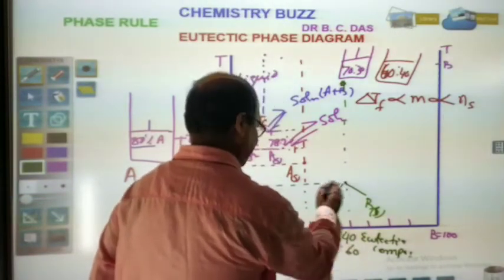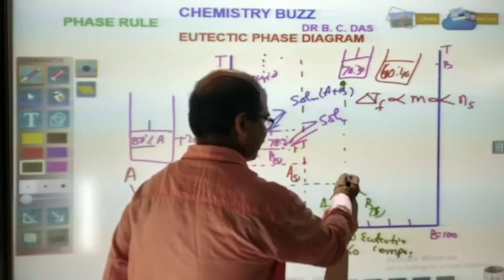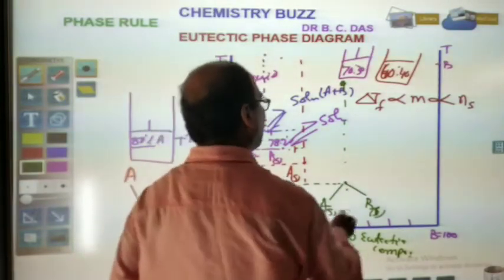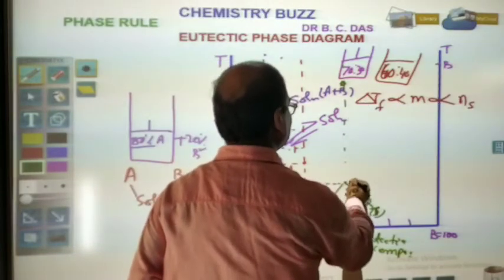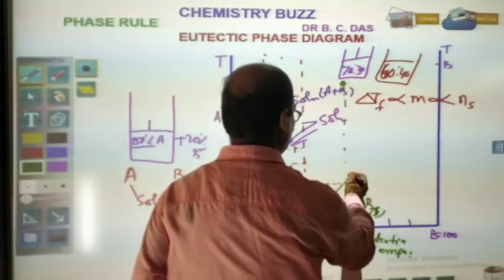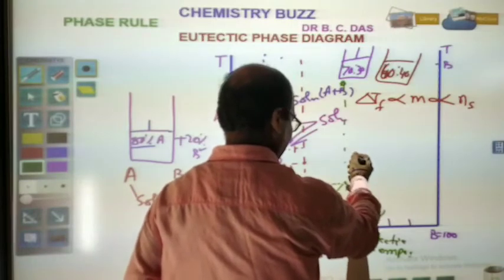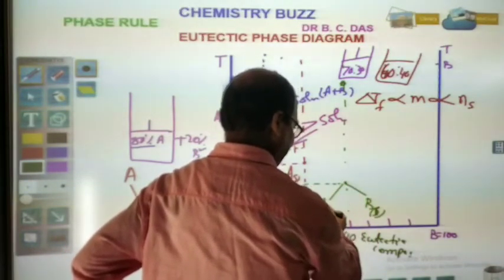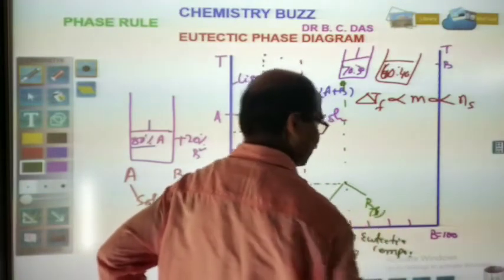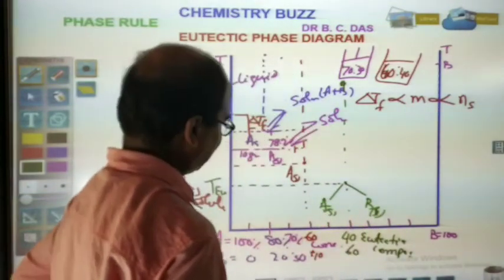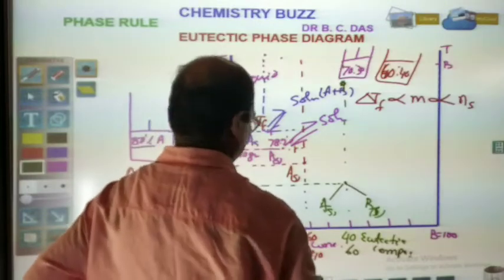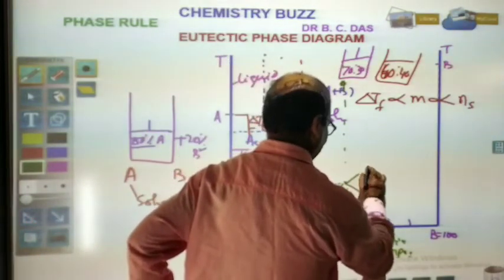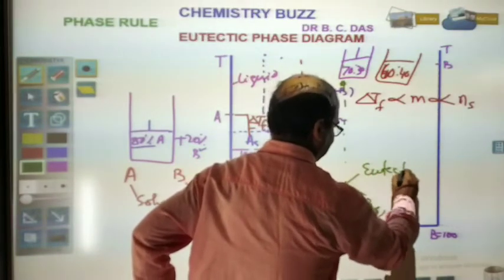This is the lowest temperature where the substance melts to the liquid phase. Also, this is the freezing point, the lowest temperature where the solution starts freezing, where solidification of A and B starts. So this is called the eutectic point.